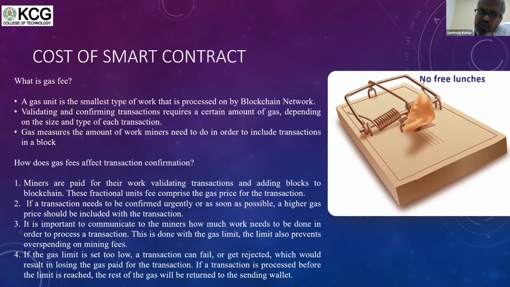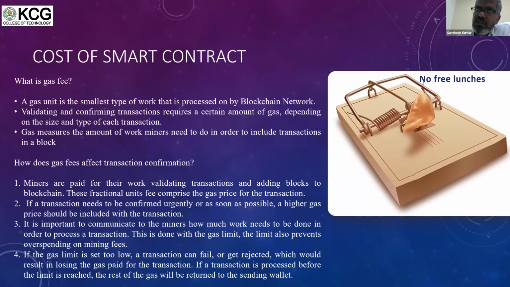The advantage of the gas fee compared to the traditional fee is that you incur the fee only when you initiate the transactions, and only to the extent of the operations associated with that particular smart contract transaction.